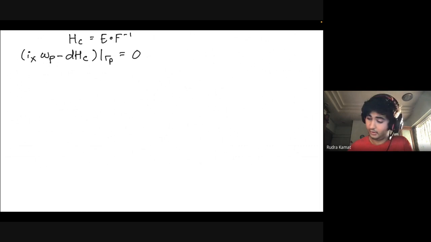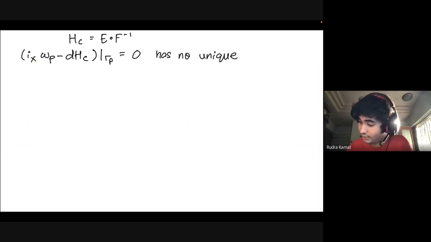But as I said, this has no unique solution. What I've written here is just the symplectic version of Hamilton's equations of motion. Nothing fancy.